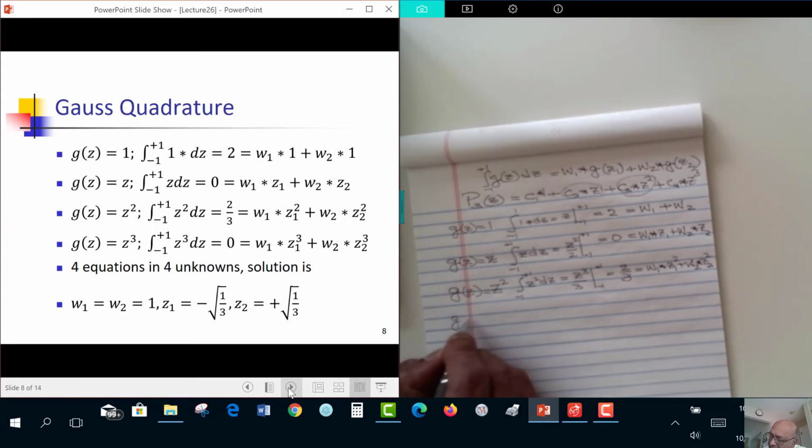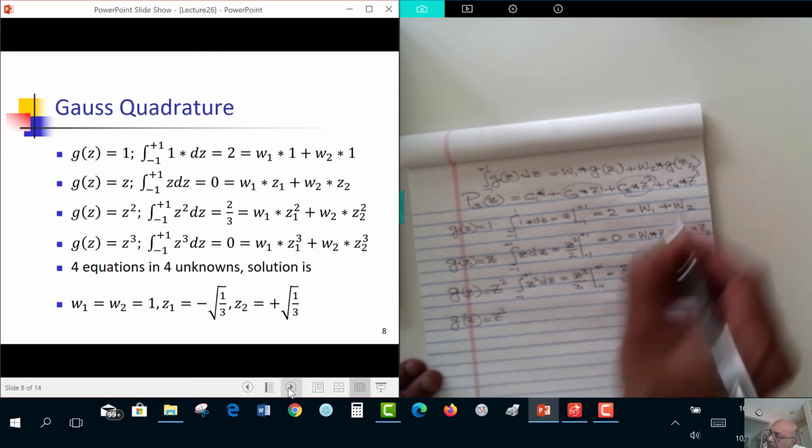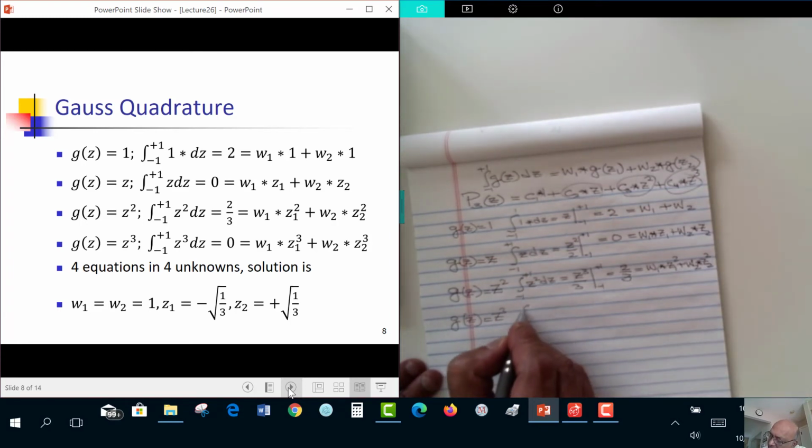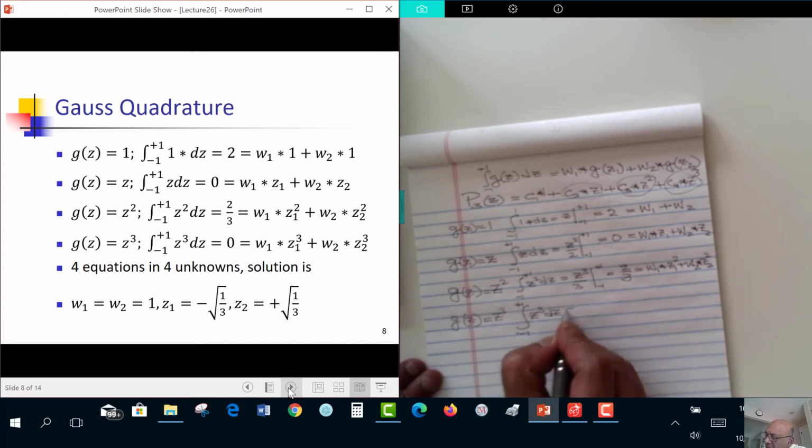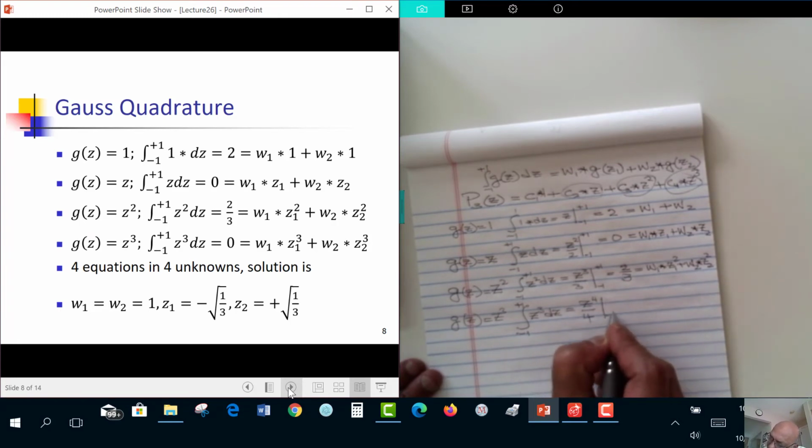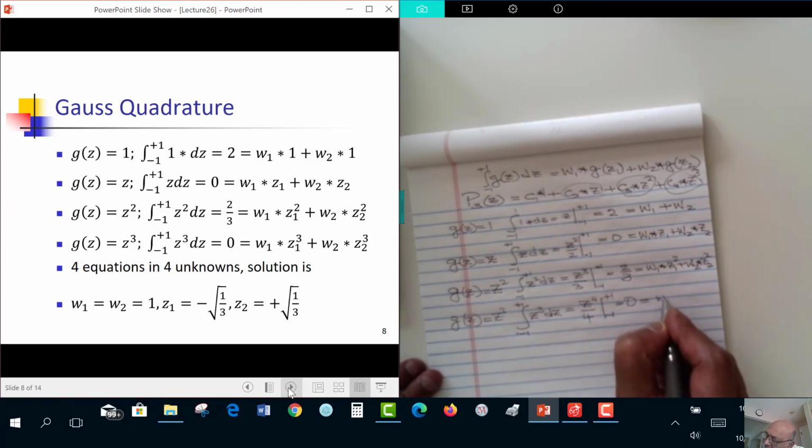Then we have g(z) equal to z cube, the last term. From -1 to +1, the integral of z cube dz is z to the fourth over 4 from -1 to +1. So this will come out to be 0 again.